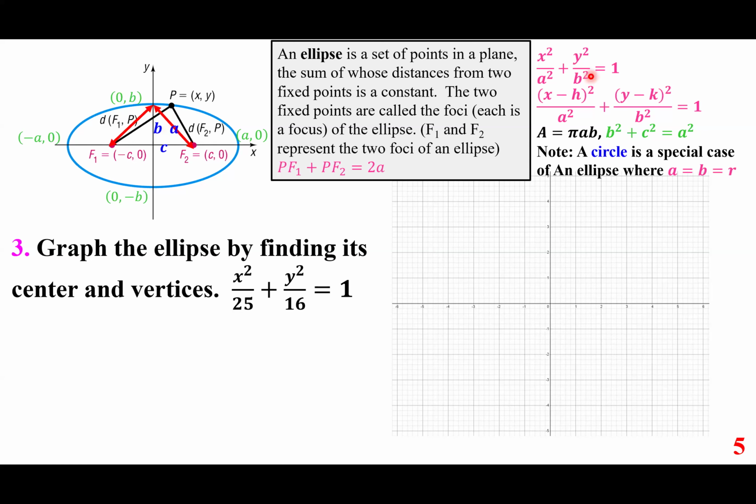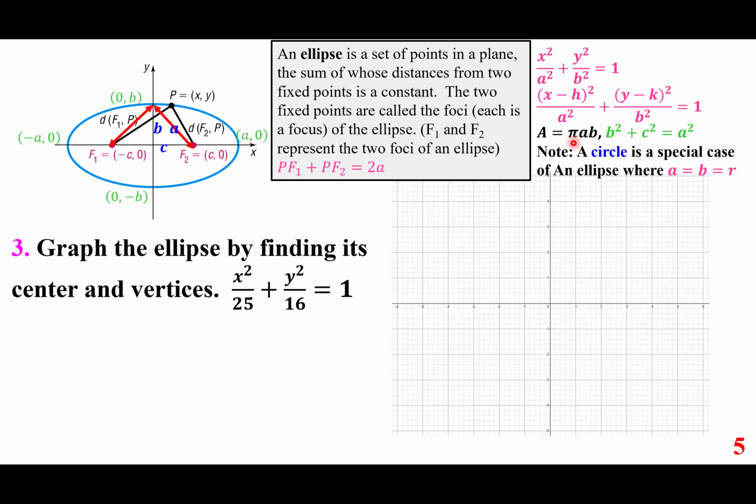Now, x squared over a squared plus y squared over b squared equals 1. This is when the center is at (0, 0). If it's at (h, k), it's (x minus h) squared over a squared plus (y minus k) squared over b squared equals 1. Now, b squared plus c squared equals a squared. And remember the area for a circle is pi r squared.